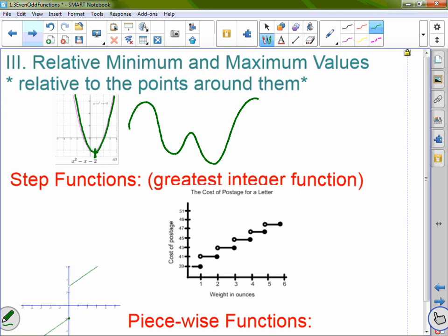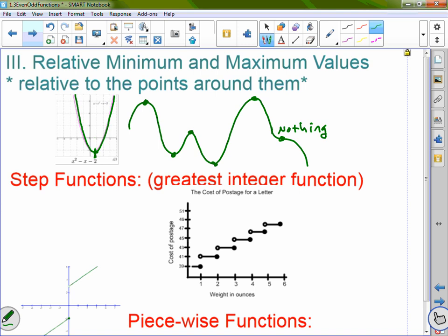Sometimes we'll call that a vertex, but that would be a relative max, that'd be a relative min, relative max, min, max. If you flatten out and then keep going, we don't call that a max or a min. So there has to be that change in direction.